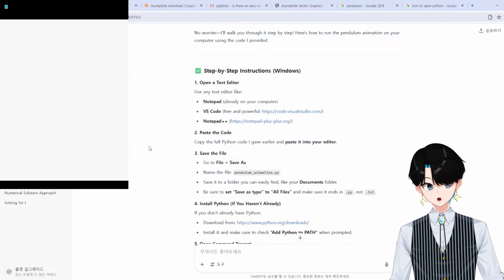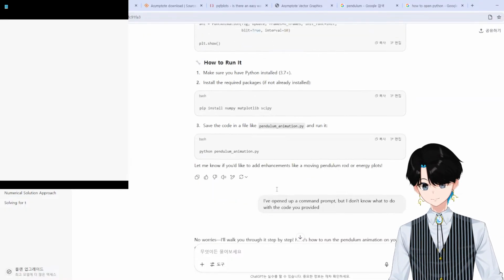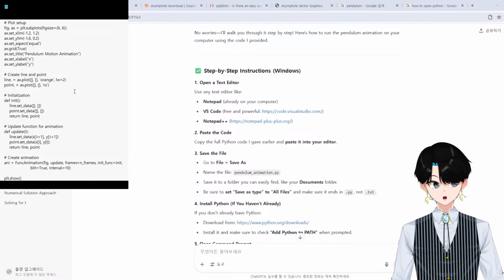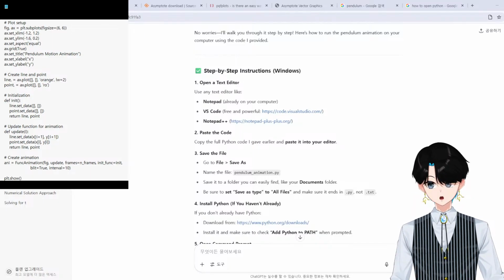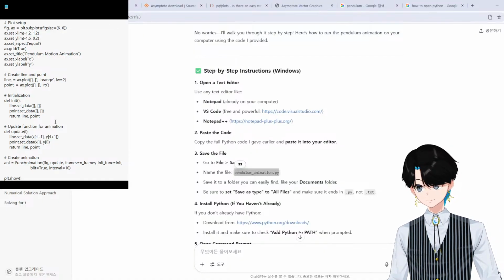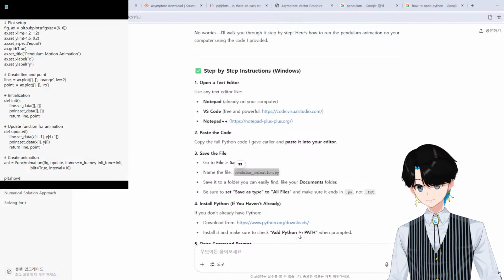Paste the code. Copy the full Python code I gave earlier and paste it into your editor. Okay. Save the file. Name the file pendulum animation.py. I'm gonna save it.